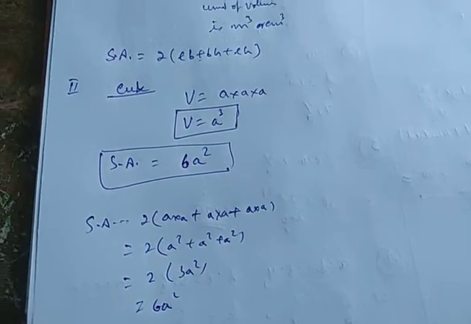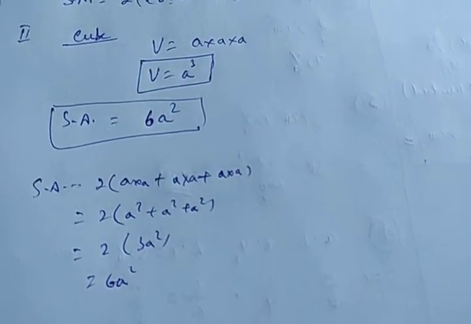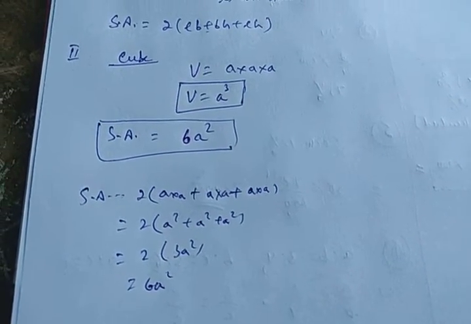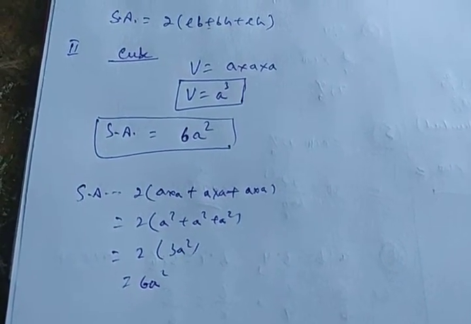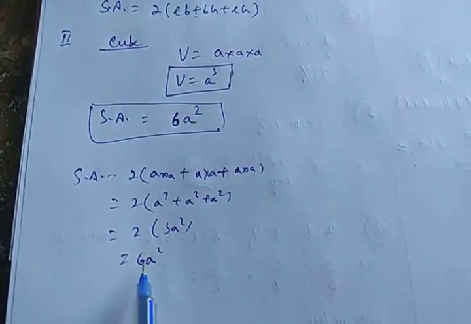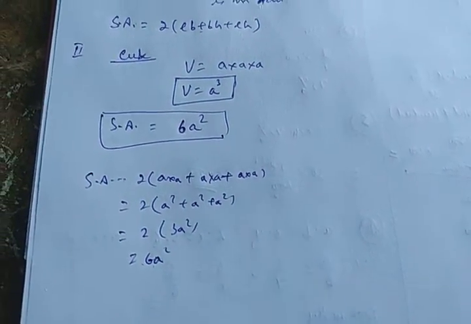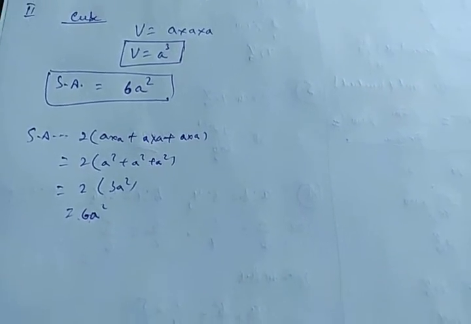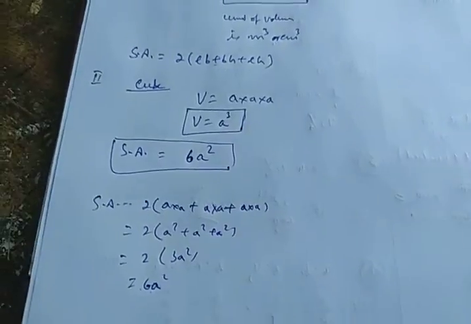Actually cube or cuboid, they are having total 6 surfaces. If you count the surfaces of the object, they are 6 in counting. That's why you can also understand this as 6A square. Surface area of a square is A square. One face of the cube will be square type.